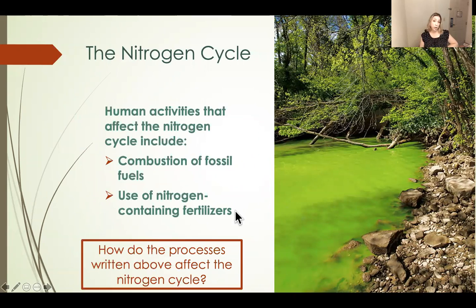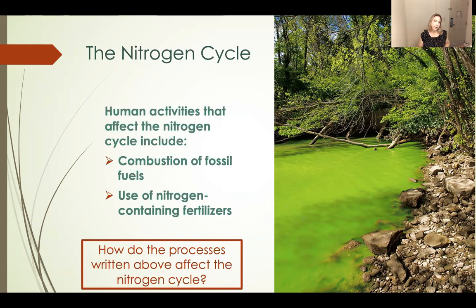Now, let's talk about human activities that affect the nitrogen cycle. So combustion of fossil fuels, combustion means to like burn, right? Or yeah, pretty much you can just think of it that way. So combustion of fossil fuels, like using coal for energy, things like that, releases what are called nitrogen oxides. Nitrogen and oxygen put together, released into the atmosphere.